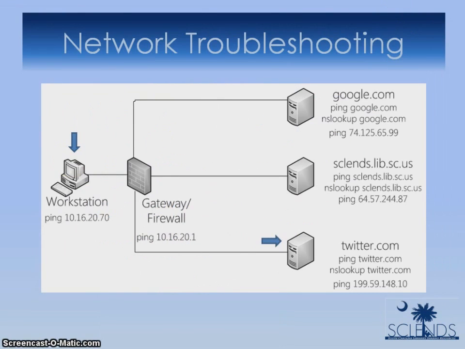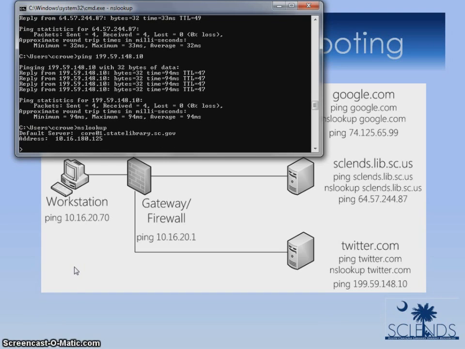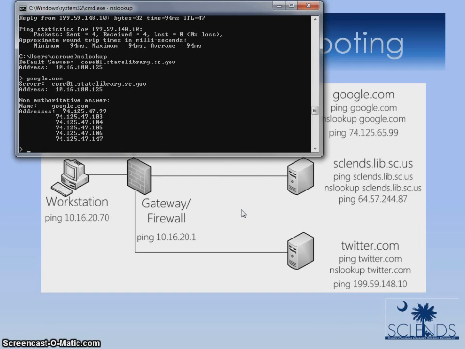Now we'll rewind here, go back to our workstation, and we'll try this again. Now let's try an NSLookup. Okay, see that my server responded immediately and gave me a prompt. So let's try Google. There we are.